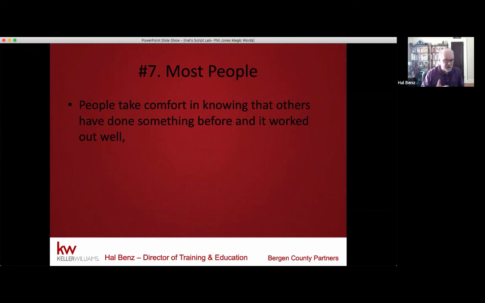Nobody wants to be the cardiac surgeon's very first bypass operation. People want to know that you've done this before, that other people have done it before, and it's worked out well. And when you can use the phrase "most people" as a way of saying there's this whole body of evidence that we have that shows how this can turn out, it starts to reduce resistance and fear. One of the biggest things that leads to rejection is fear-based objections. It builds safety through social proof.